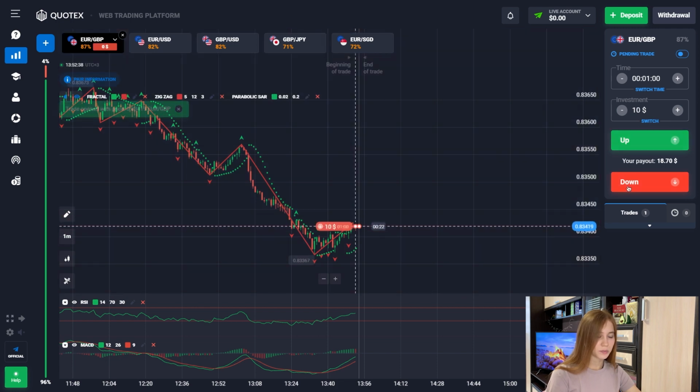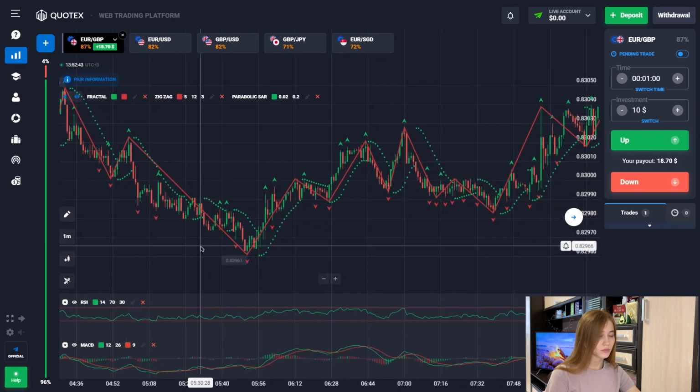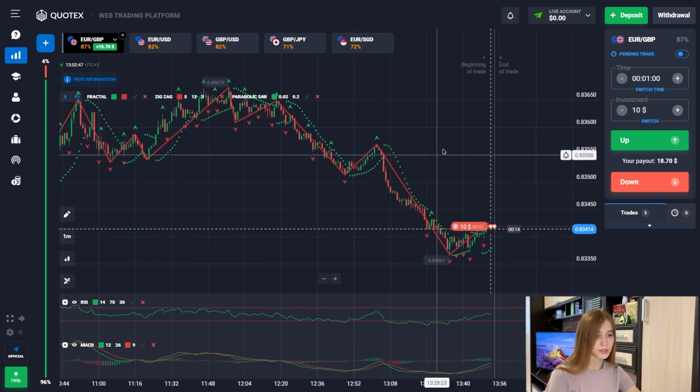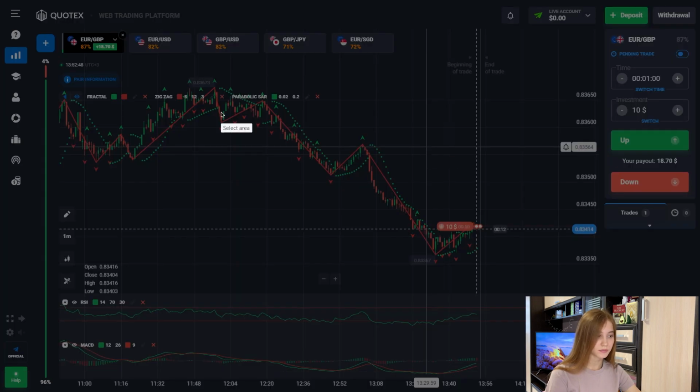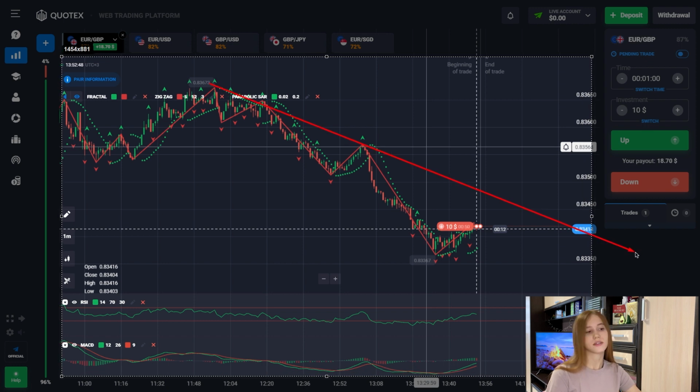We set 1 minute. I'd like not to take risks and open for a decrease, because I see that the price is at its peak and is moving towards a correction.